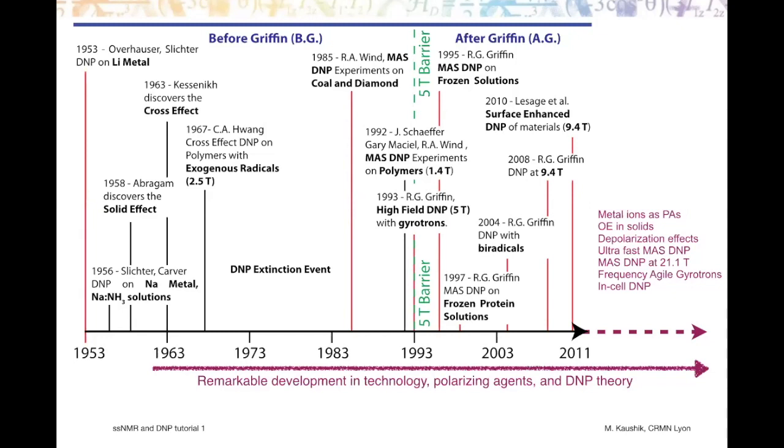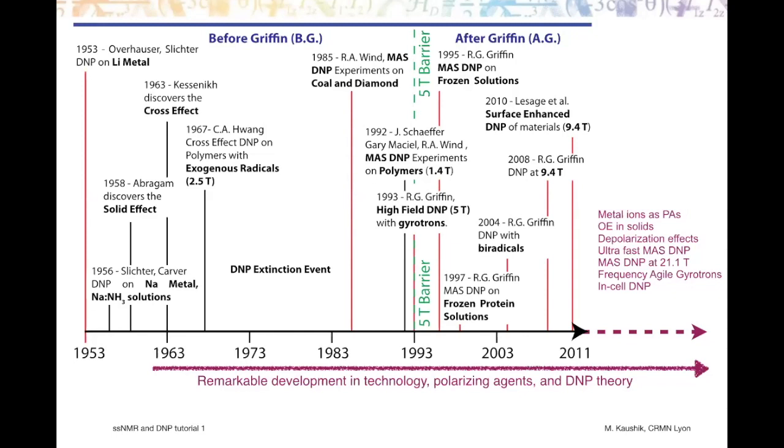After the 5 Tesla barrier was crossed with the help of gyrotrons, especially in the context of MAS DNP, we were able to look at frozen solutions, polymers, material surfaces, proteins, even in-cell DNP is possible so far.